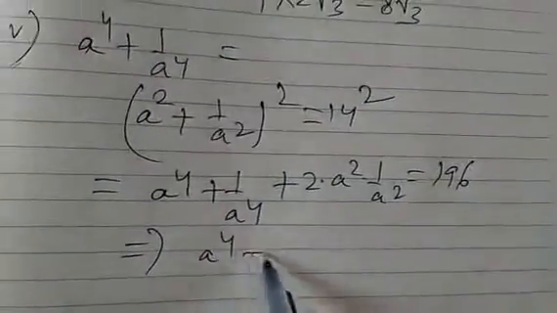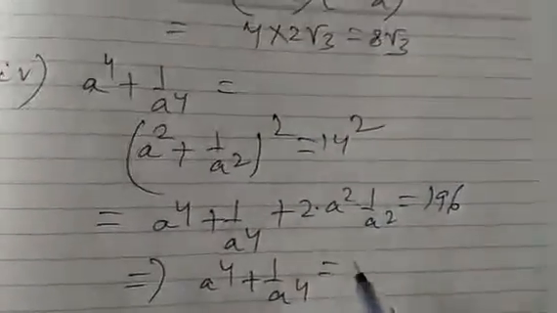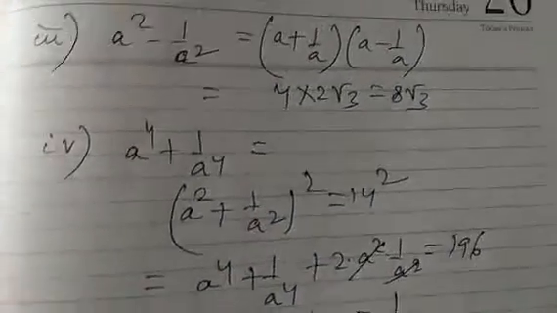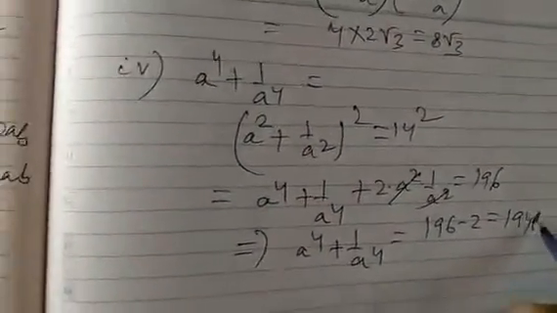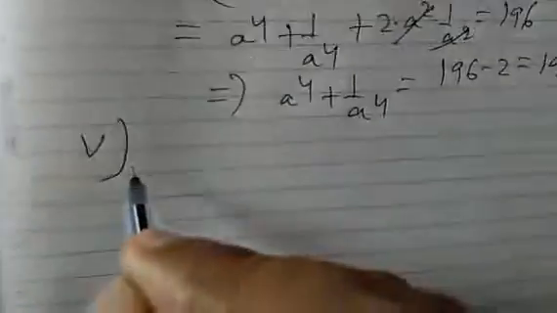Therefore, a fourth plus 1 by a fourth is equal to 196 minus 2, which is 194.